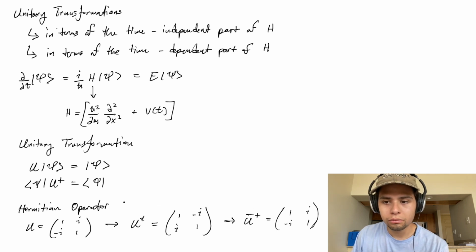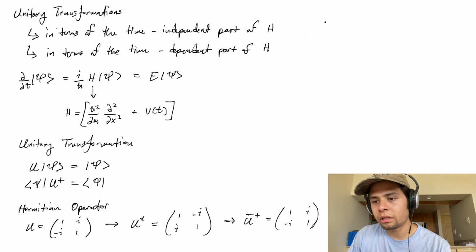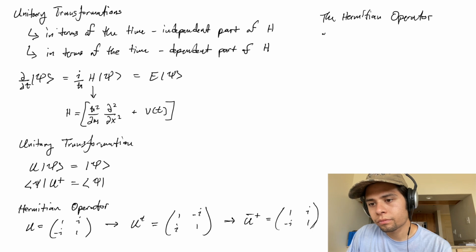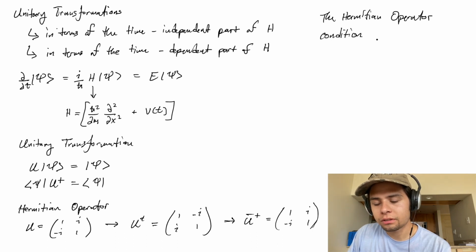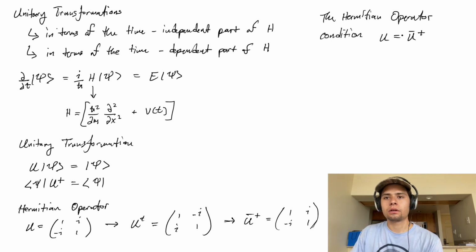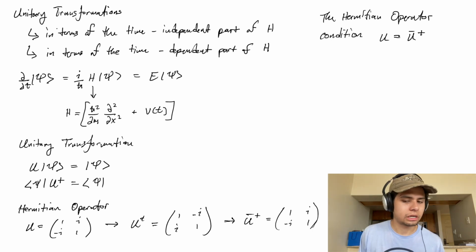So the Hermitian operator condition is basically that U must equal U complex conjugated and then transposed across the diagonal.